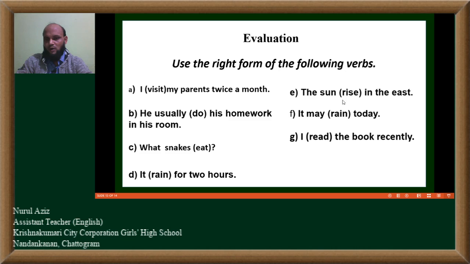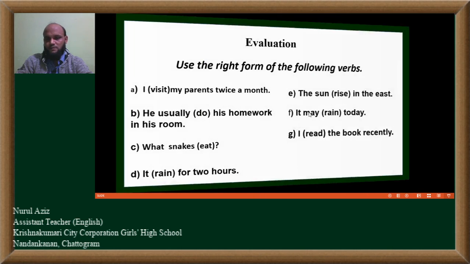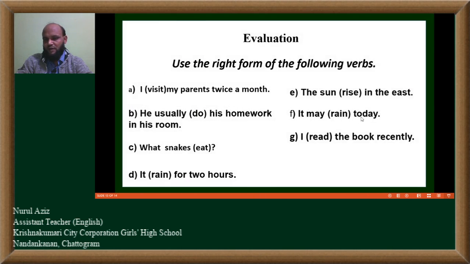And in E, you see the sun rise in the east. This is very common to you. All of you can do it. Think about it. I'm going to help you. It may rain today. There is a modal verb may. So if you see a modal verb after the subject, the verb should be in present form.